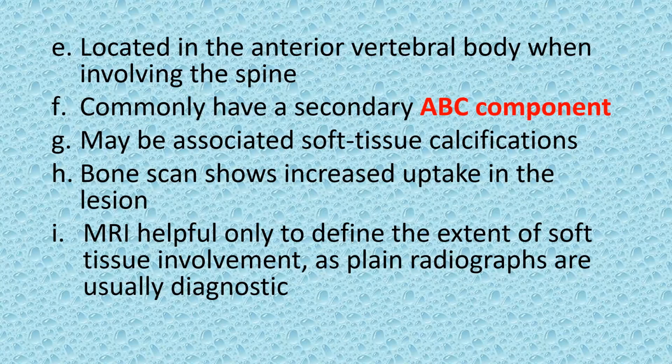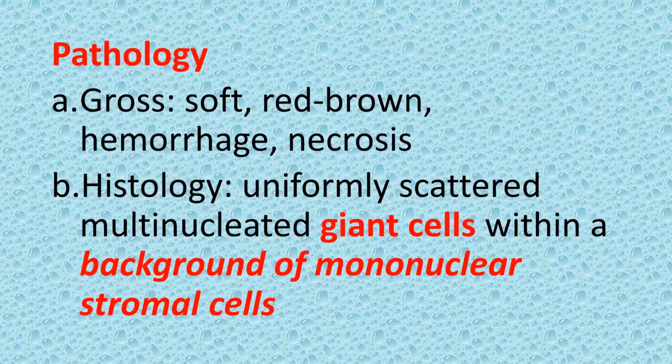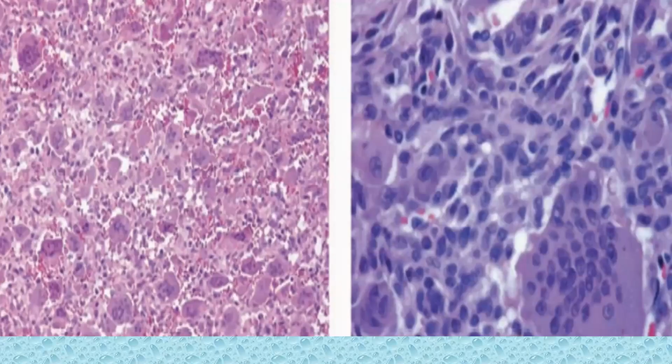The pathology: grossly, they are soft, red, brown, with hemorrhage and necrosis. The histology is uniformly scattered. They have multinucleated giant cells within a background of mononuclear stromal cells. The stromal cells resemble the neoplastic cell.